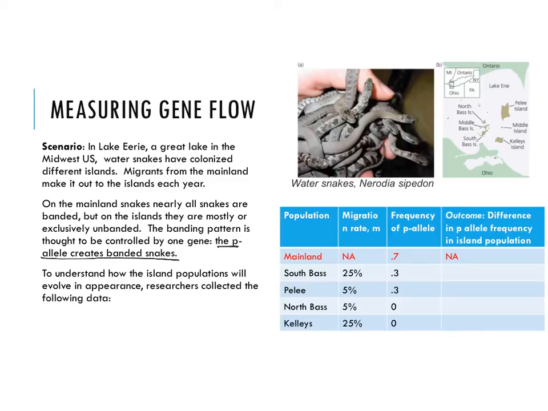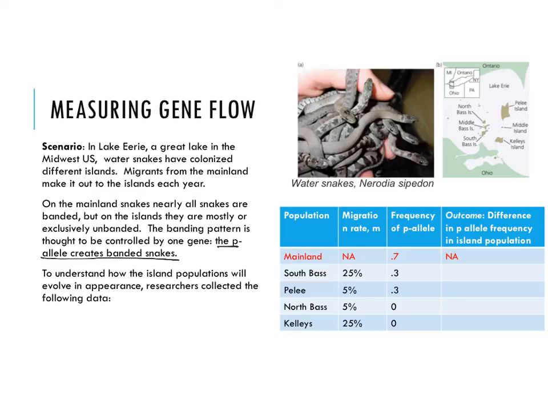So to understand how the island population will evolve in appearance due to migration, researchers collected the data they need to complete that equation, right? So they collected for each of the islands, which was South Bass, Pele, North Bass, and the Kellys, the migration rate, so what percent of the population is migrants from the mainland each year.